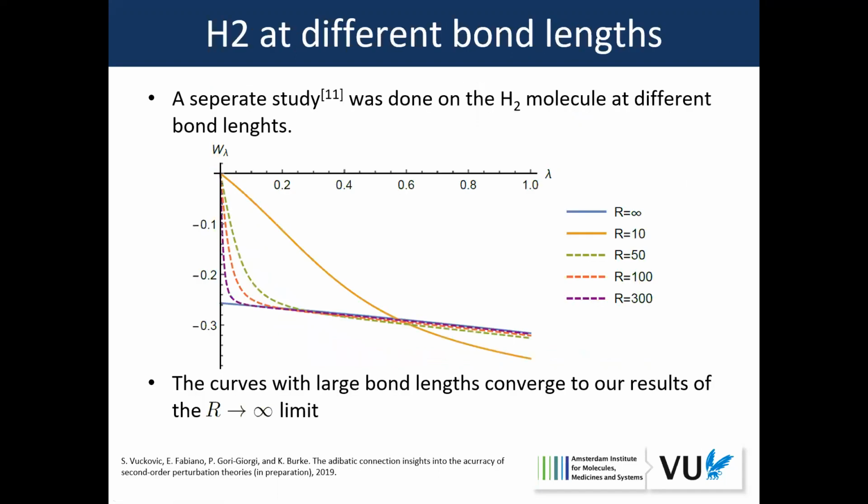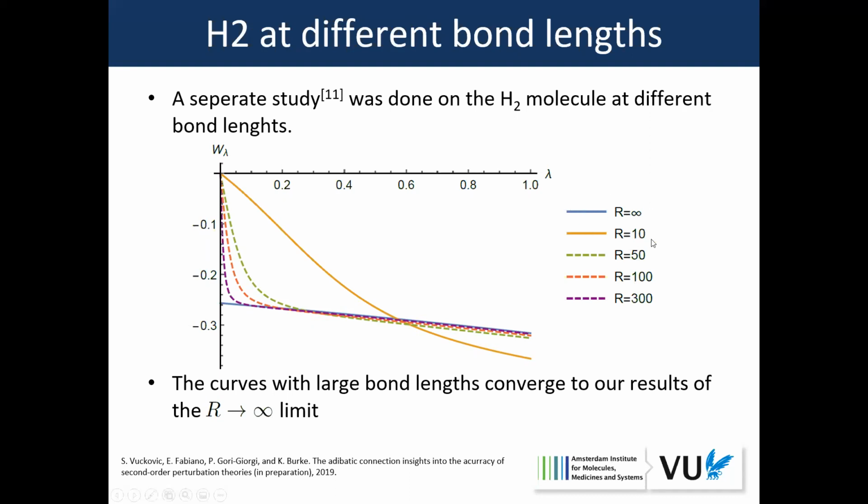So we then looked at the normal H2 molecule, and at what Stefan did for the H2 molecule, increasing the bond length in a restricted Hartree-Fock calculation. When we increase the bond length, you would expect his results to become twice our results, because we are only looking at the R to infinity limit, which is the blue line here.